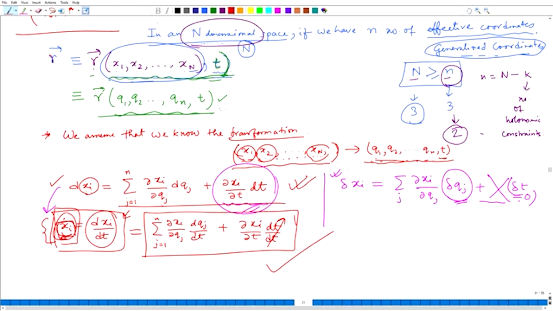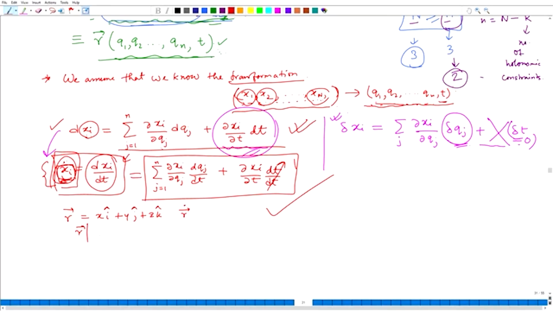For example, what I am trying to communicate is that if you write r vector is equal to x i cap plus y j cap plus z k cap, then for the sake of convenience I can write x1, x2 and x3.